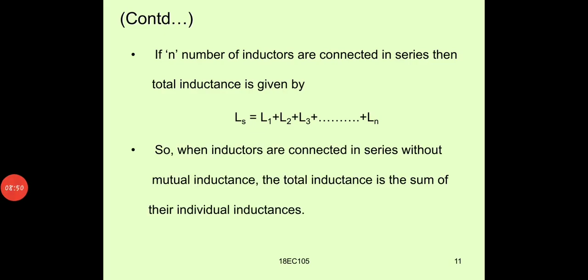So when the inductors are connected in series without any mutual inductance, the total inductance is the sum of their individual inductances. Like you have seen above, Ls equals L1 plus L2 plus L3 plus L4 up to Ln.